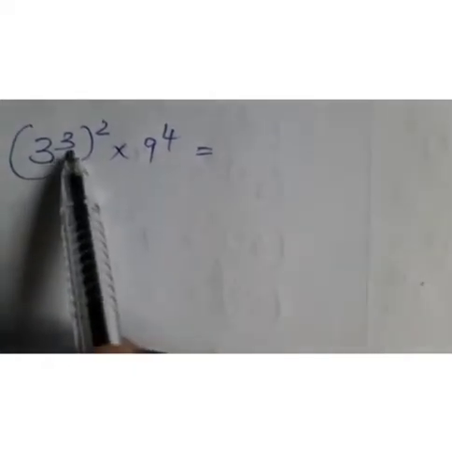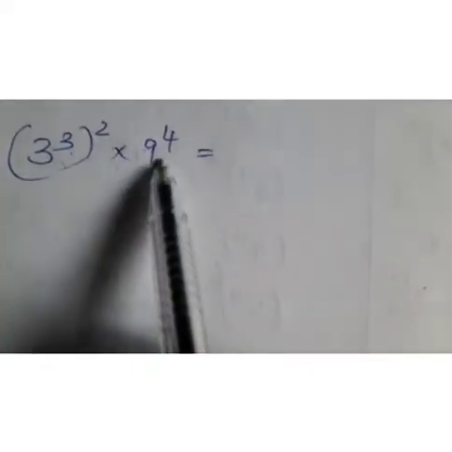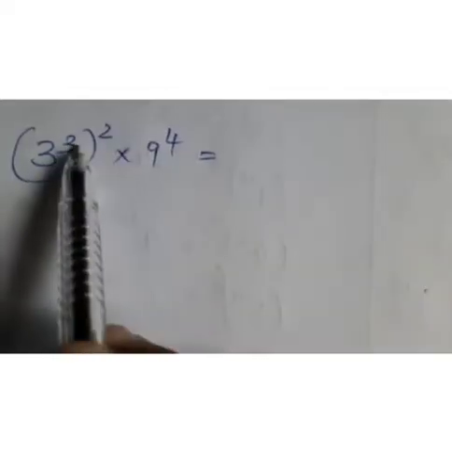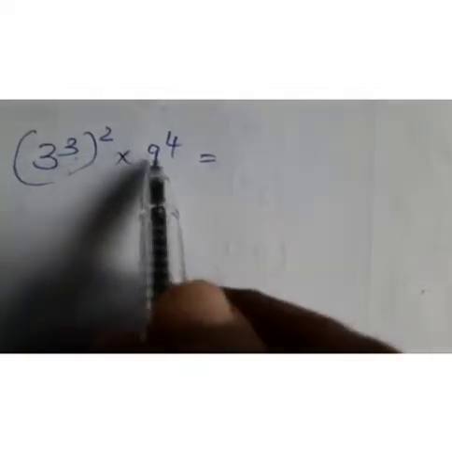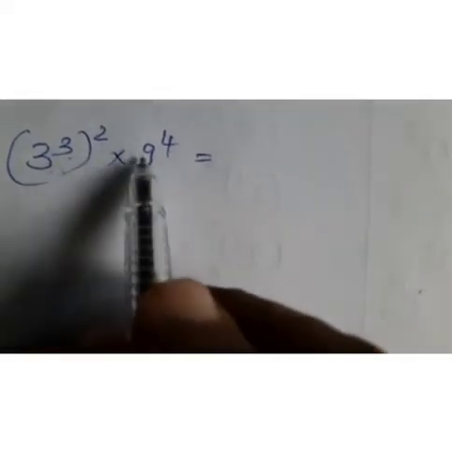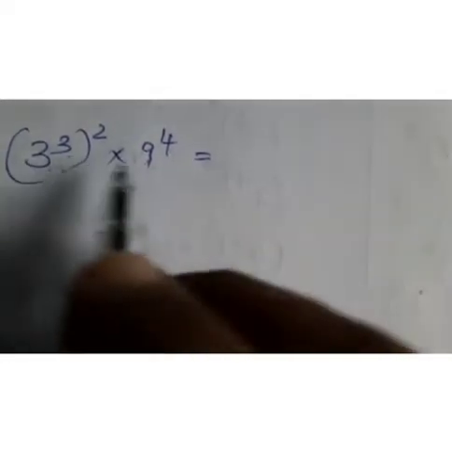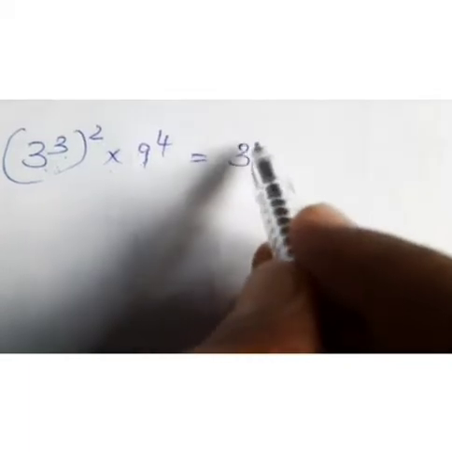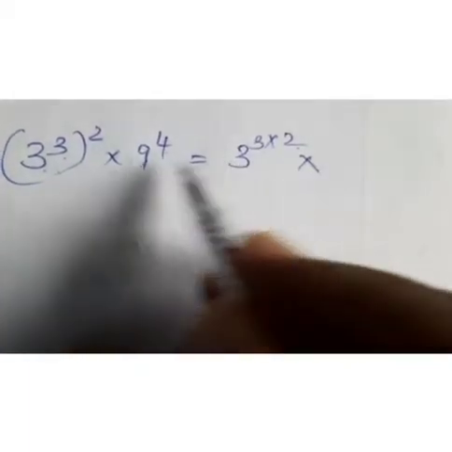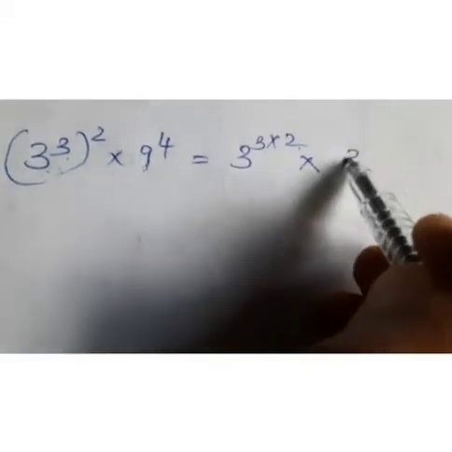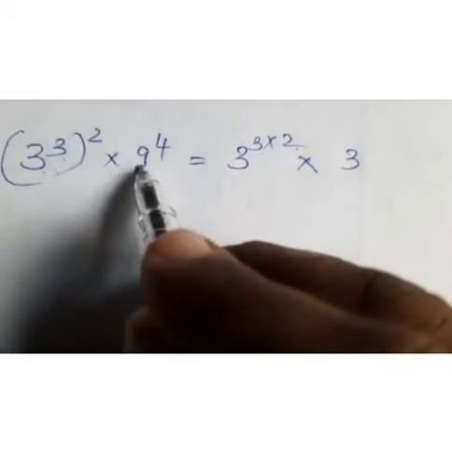3 raised to 3 whole raised to 2 into 9 raised to 4. See, the bases are different here. 9 is a multiple of 3, so you can write 9 as a multiple of 3. So first one, 3 raised to 3 into 2. The powers are multiplied. Instead of 9, we can write 3 into 3.